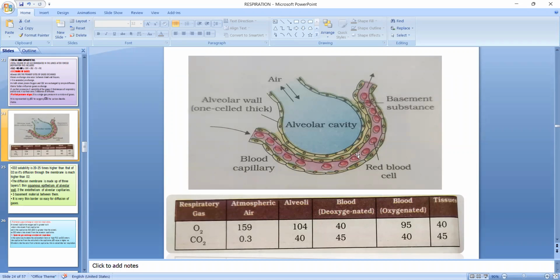Oxygen enters into the blood here, and the CO2 goes into the alveoli from the blood. We should remember this table by heart, at least from alveoli to tissue, then only we can understand easily.